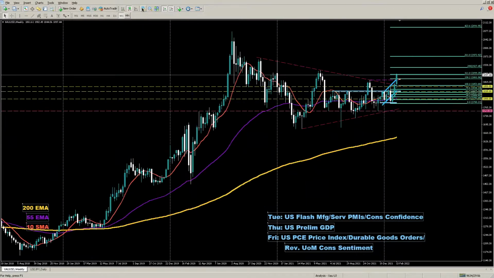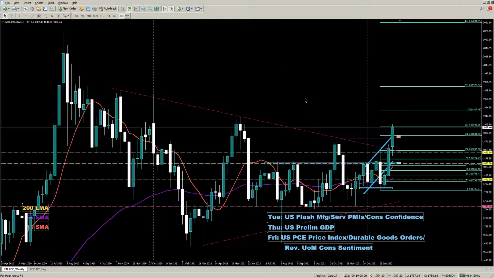Let's switch to the weekly time frame, and you can see that it's coming up to test this swing high area. So let's look at the weekly bullish candle here, 2 consecutive bullish weeks after a bounce from the support level at about the 1790 area.